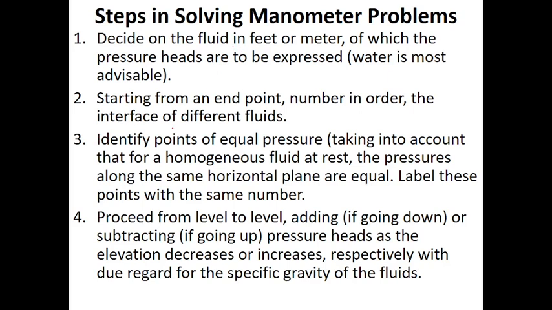Then the third step is to identify points of equal pressure, taking into account that for a homogeneous fluid at rest, the pressures along the same horizontal plane are equal. So label these points with the same number.